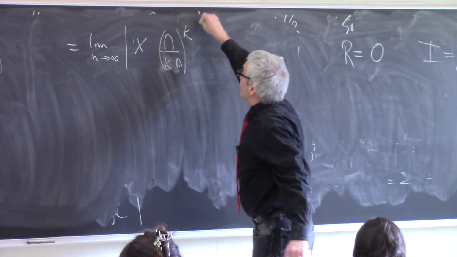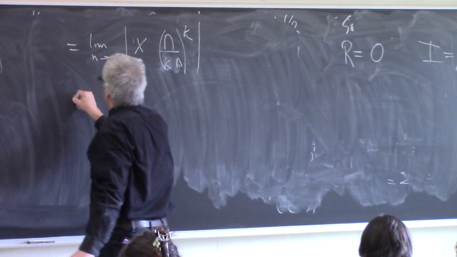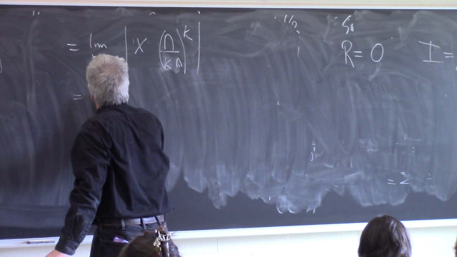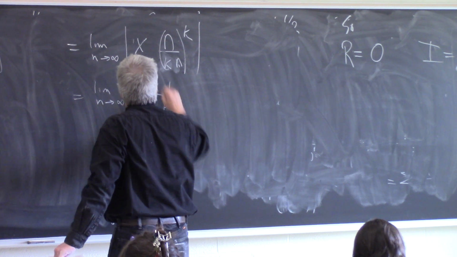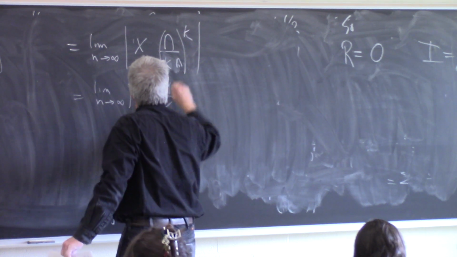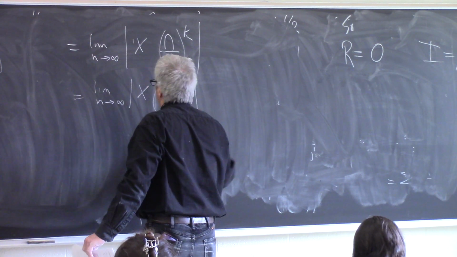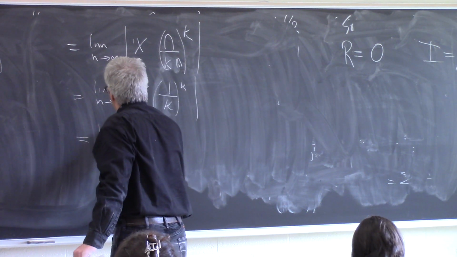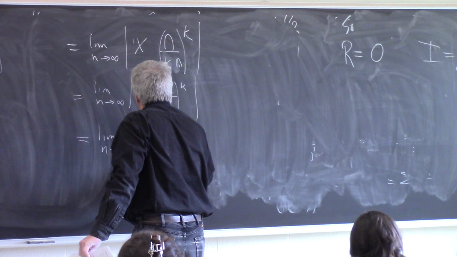Now look, I can cancel. n over kn is just 1 over k, to the kth power. So in other words, the limit as n goes to infinity of x over k to the k.